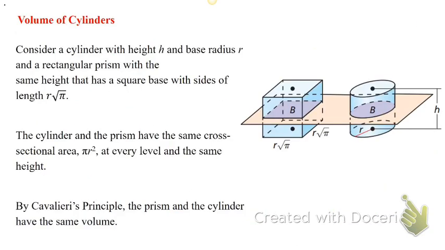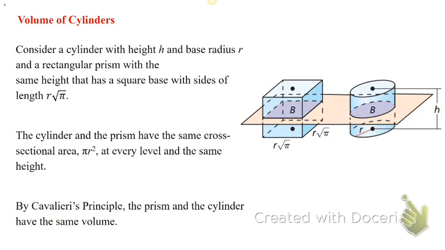All right, volume of a cylinder. Same idea. It's the base area times the height, but all cylinders have circle bases, and the area of a circle is pi r squared. So it's just height times pi r squared, because our capital B is a circle, which is pi r squared.